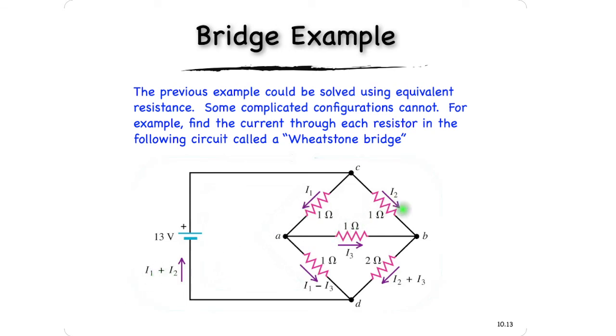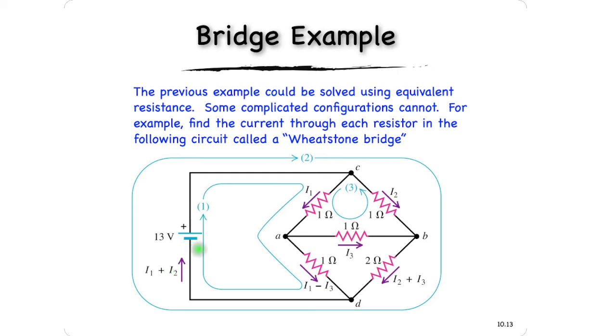Okay, so I've got 3 unique currents. If I can figure out what I1, I2, and I3 are, then I will also know what the current at every other point in this circuit is. And then next, I need to come up with 3 loops in order to solve for those 3 currents.